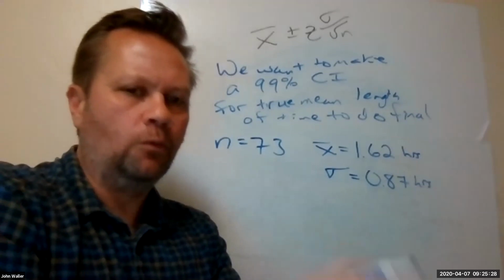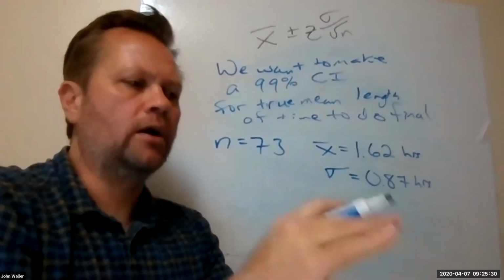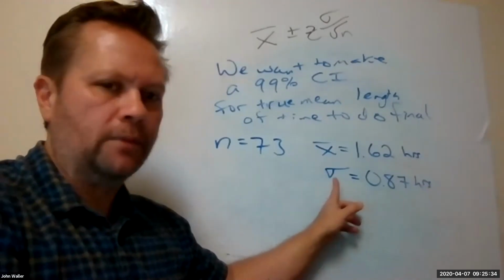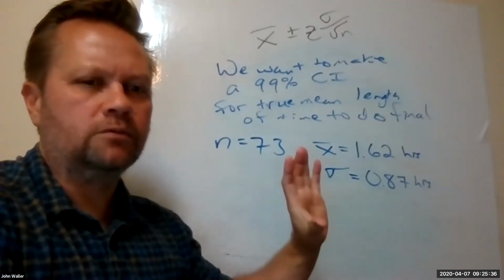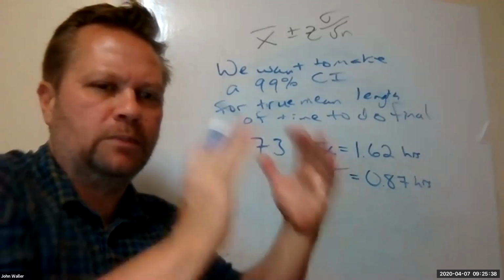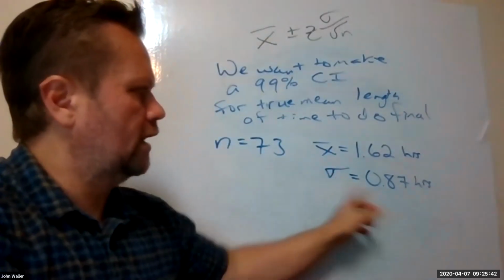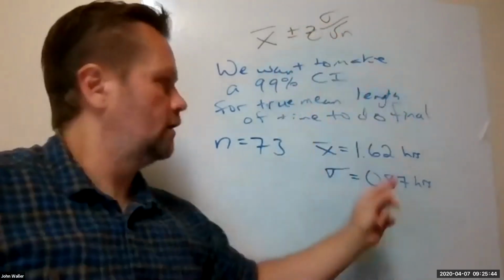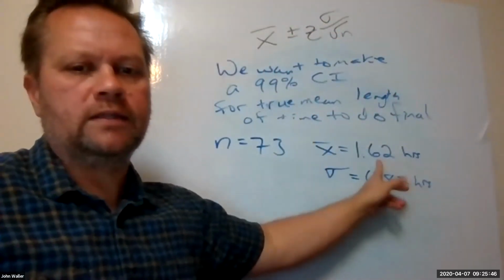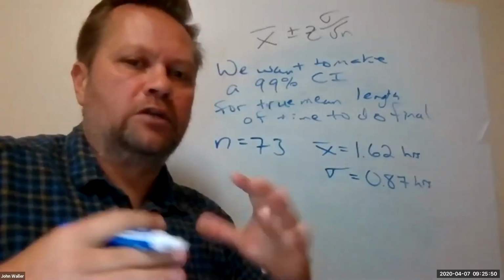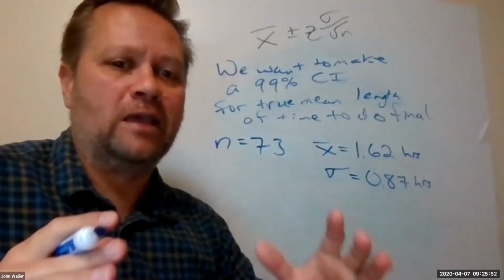So section 8.1, there are situations where I will know the population standard deviation, but I don't know what the mean is for a specific group. So I know the standard deviation of times for all stat students is 0.87. This is a sample of my stat students, so I don't know what my average is.